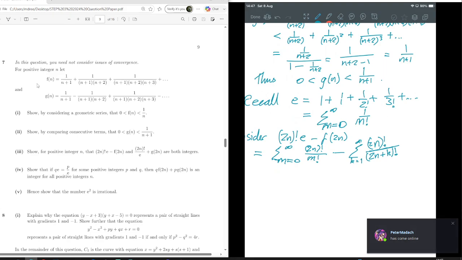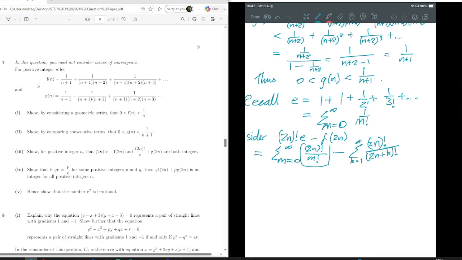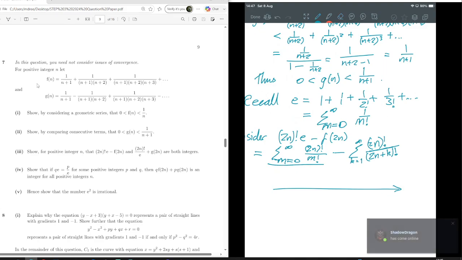Because when m is smaller, this thing here is just an integer. So really what I'm thinking is this first section here is some infinite sum starting with m is 0. And then this thing is some infinite sum that's going to cancel all of this out perfectly.